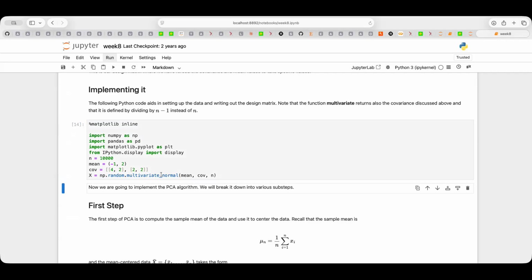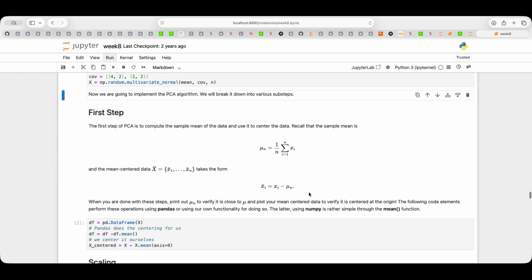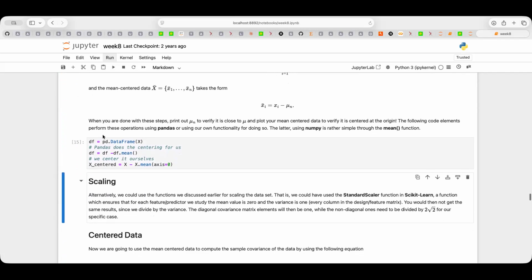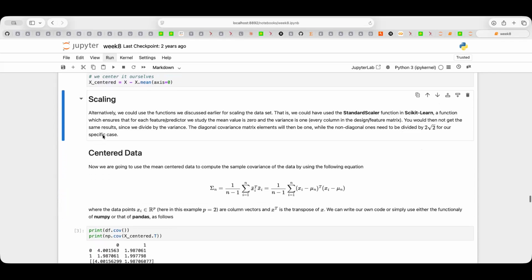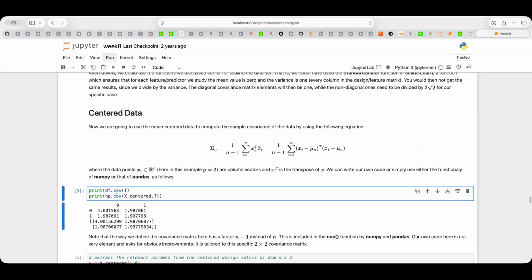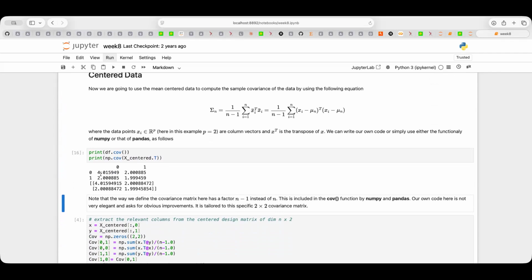This is pretty straightforward. So the first step, as I said, is to center the data, and for this I always like to use pandas. So I center my data. If you use scikit-learn, which is a famous library for machine learning, you will actually have all this functionality baked in. But here I'm doing by hand what we put on the whiteboard. Then I have centered data, and I'm going to calculate my covariance. So I print the covariance matrix, as you can see here. I have 10,000 data points.